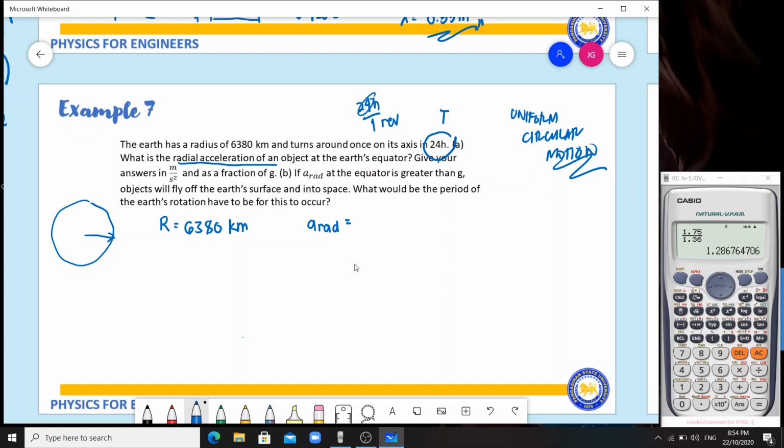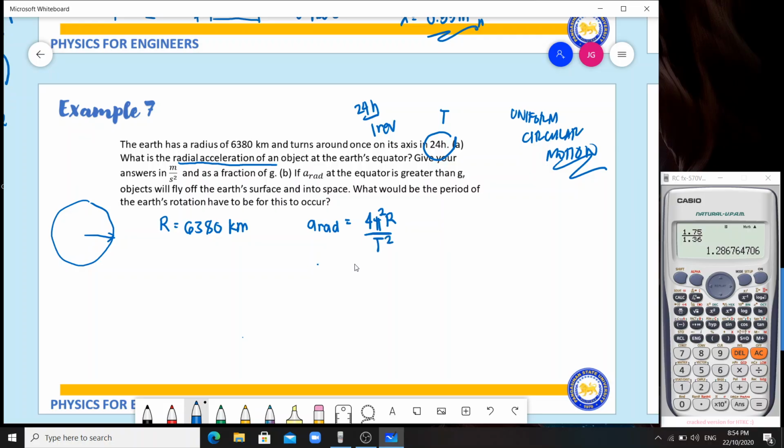Ay hindi, baliktad. Ang T natin is 24 hours per 1 revolution. Tama pala, yan. So, may given tayo na T at meron tayong given na radius. So, pwede natin gamitin is yung 4 pi squared r over T squared.